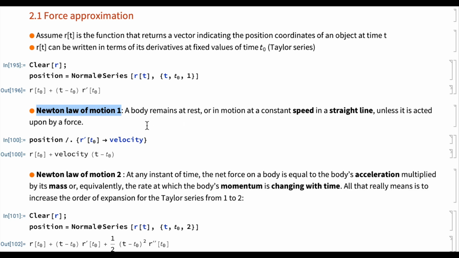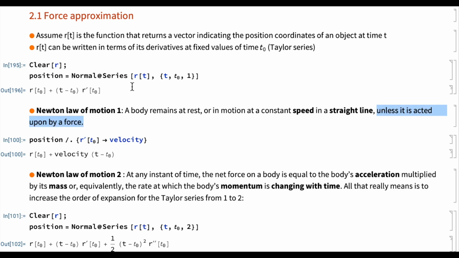The first law of Newtonian mechanics asserts that a body remains at rest or in motion at a constant speed or velocity in a straight line unless it is acted upon by a force.